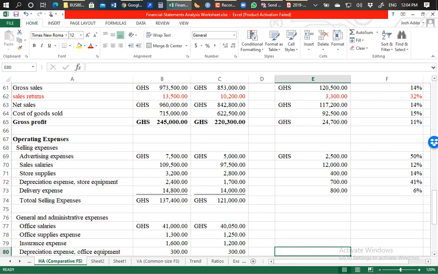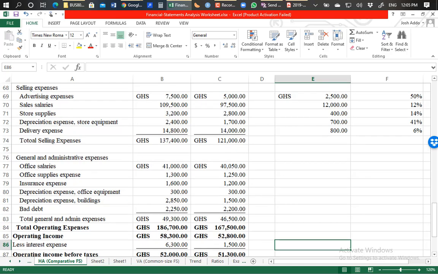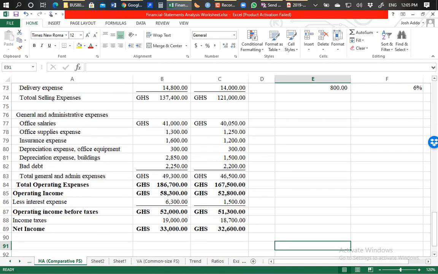So that's how we do it for the rest of the statement. You can complete this on your Google Classroom platform. This information is already there. You will see the income statement for, I think, Guinness Ghana.